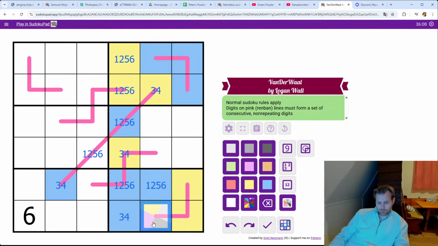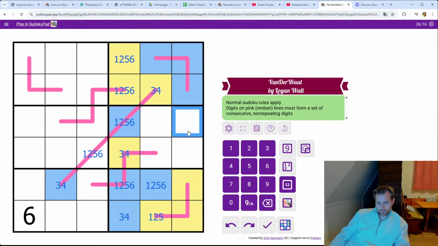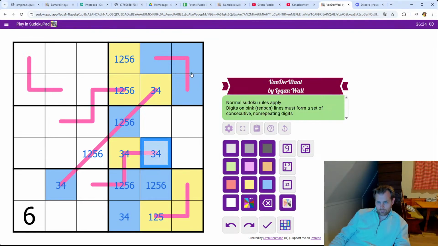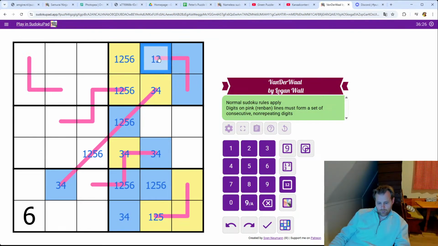So this is 1, 2, 5, 6. How? It's not 6. And then this is the blue 3, 4. So this is 1, 2, 5, 6. And this is a yellow 1, 2, 5, 6.